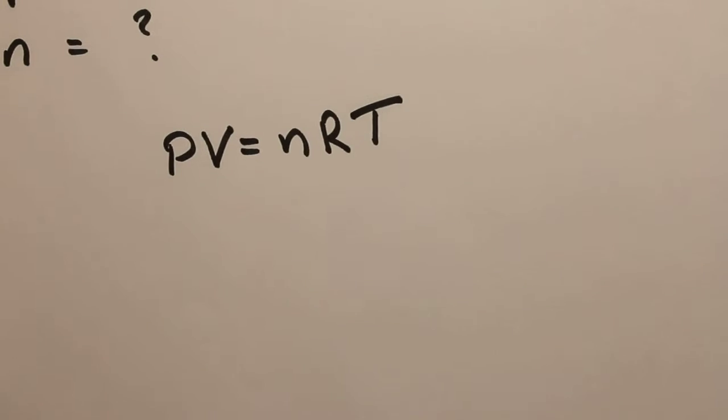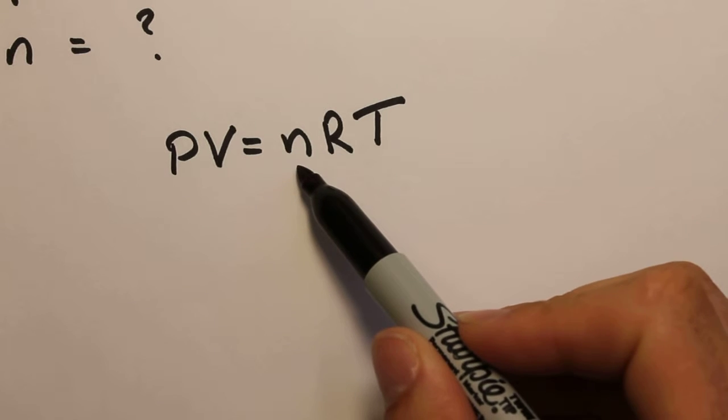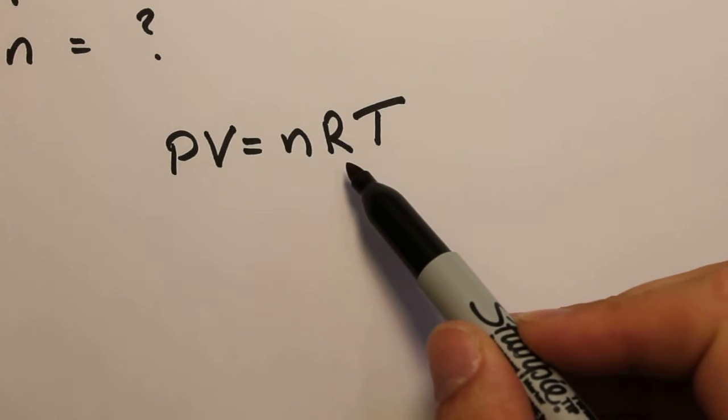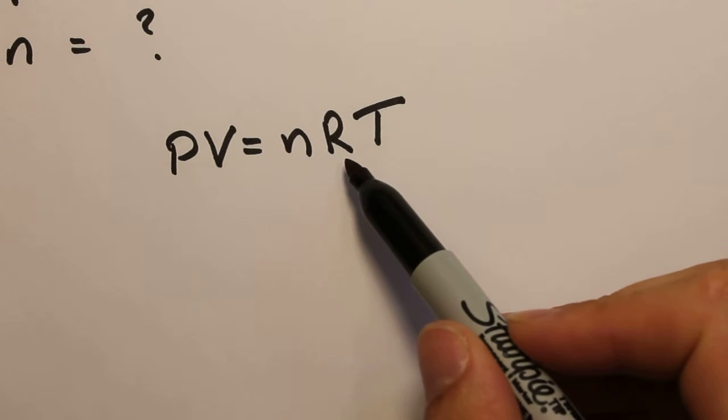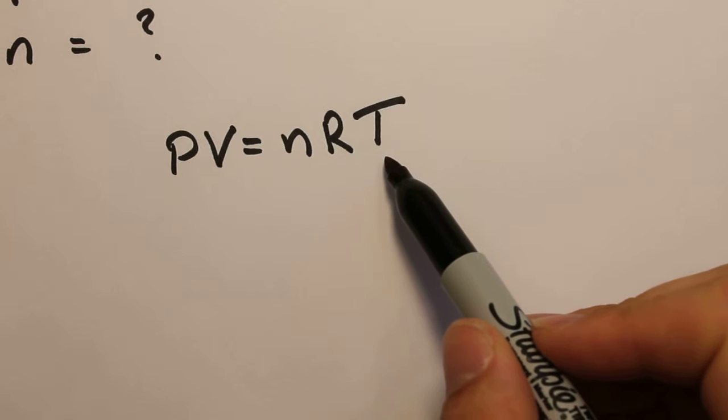This is our equation. We have pressure, we have volume, and we're looking for the number of moles. We don't have R yet. This is our ideal gas constant, and we have temperature.